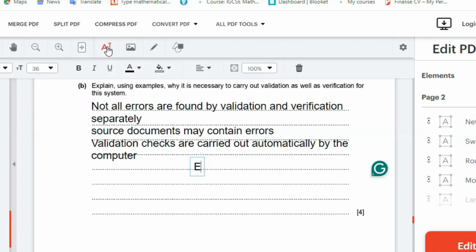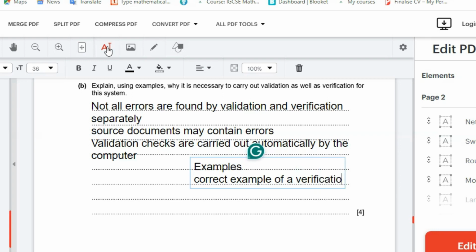Examples: a correct example of a verification check. That's an example.